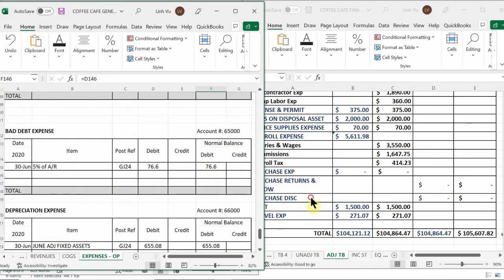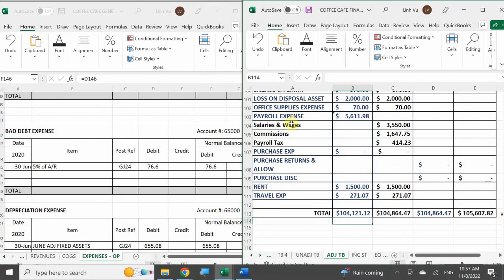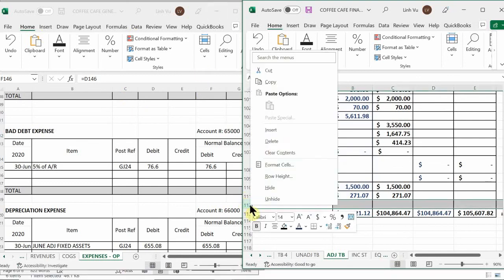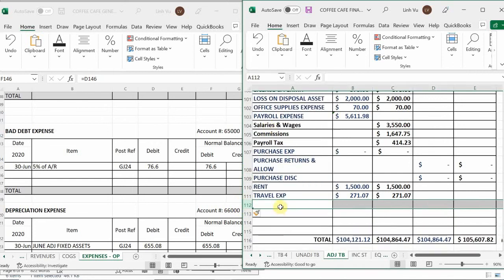I gotta do my bad debt expense. So I gotta insert 3 more rows here for my bad debt expense. So insert 1, 2, and 3 for my bad debt expense. Okay, my bad debt expense is currently for $76.60.